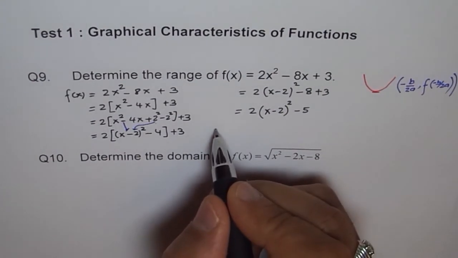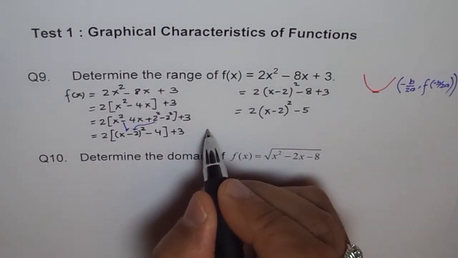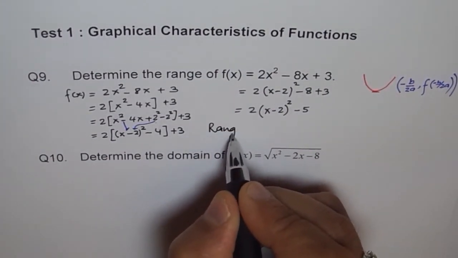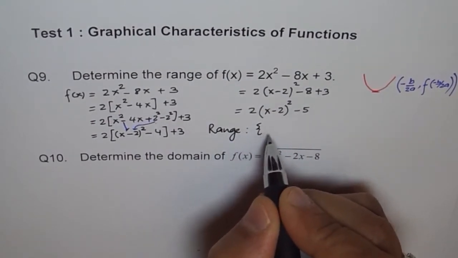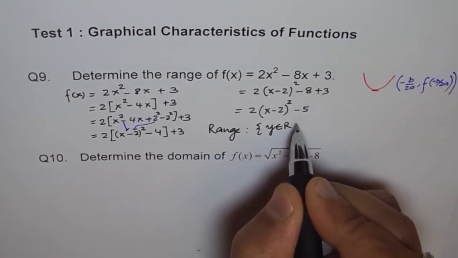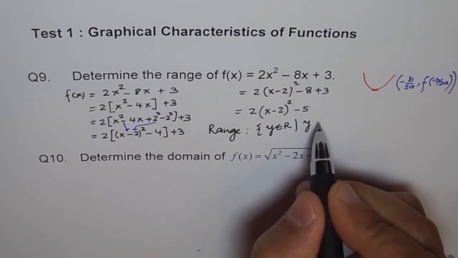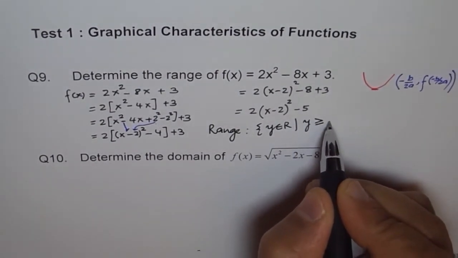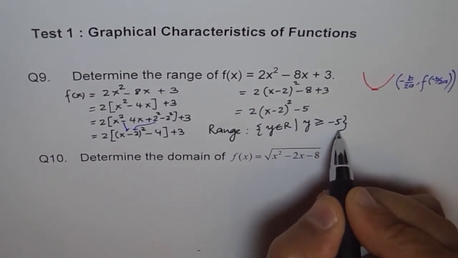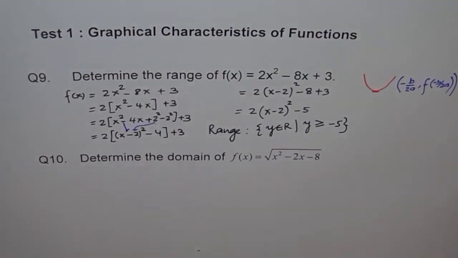Therefore we say the range is y belongs to real numbers, so that y is greater than or equal to minus 5, correct? So that is how you get your range.